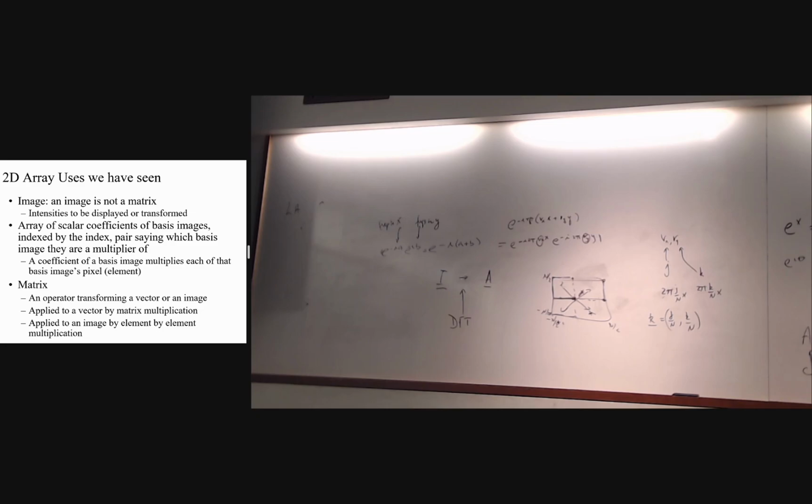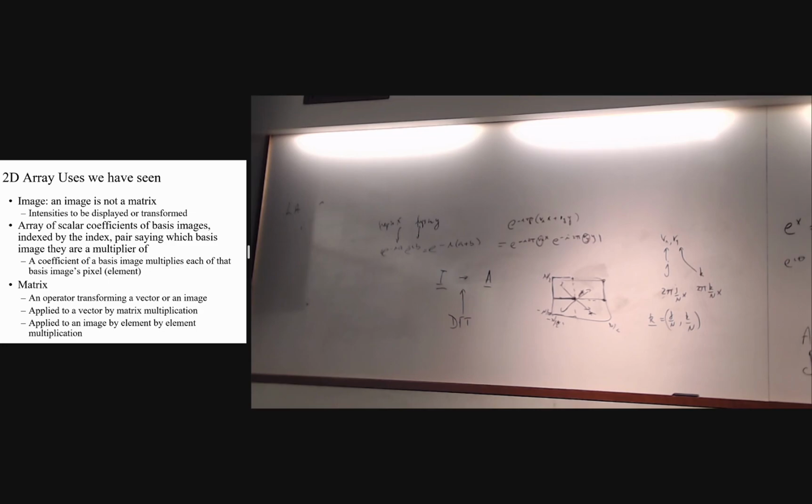Matrices are also arrays, right? They are a rectangular array of numbers, but they act as operators. The array of matrix elements, you will see, is one way of representing a shift invariant linear operator.